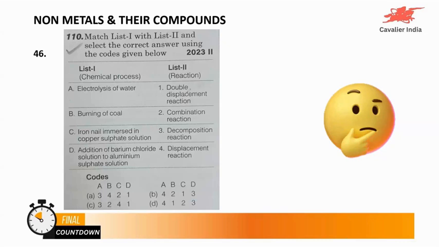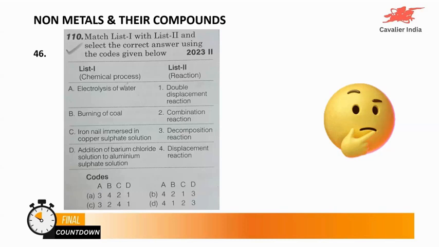Just try to find the answer. Make it fast, okay? Any other answer? No one is having other answers. Okay, the answer is right. I'll tell you which is the right answer.